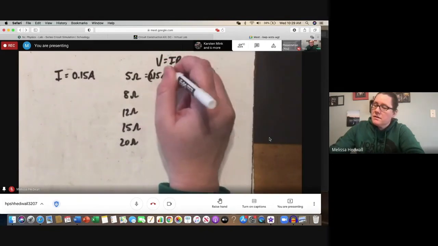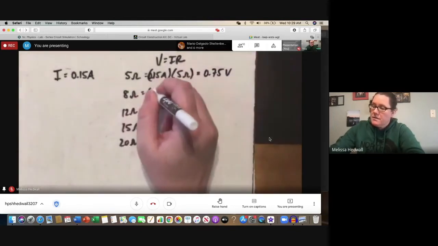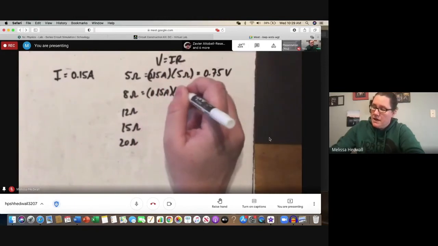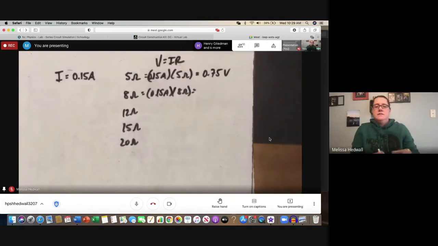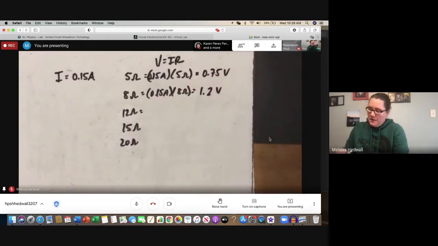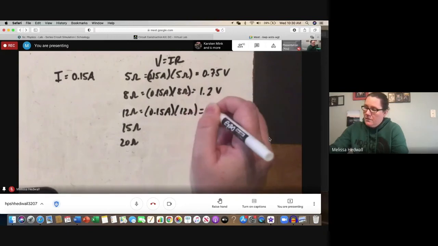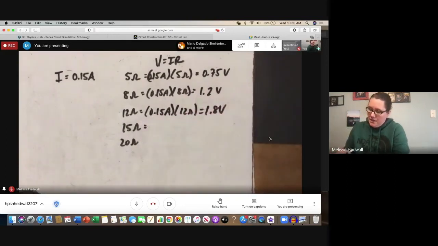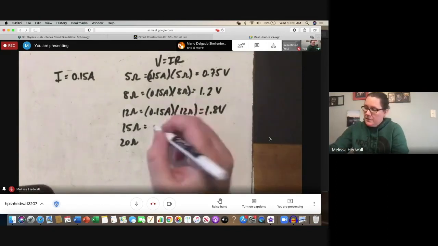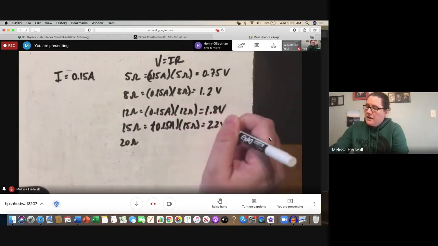So if I take 0.15 amps times 5 ohms, I get 0.75 volts. 0.15 amps times 8 ohms, 0.15 times 8, I get 1.2 volts. 12 ohms times 0.15 amps, 1.8 volts. 0.15 amps times 15 ohms gives me 2.25 volts.